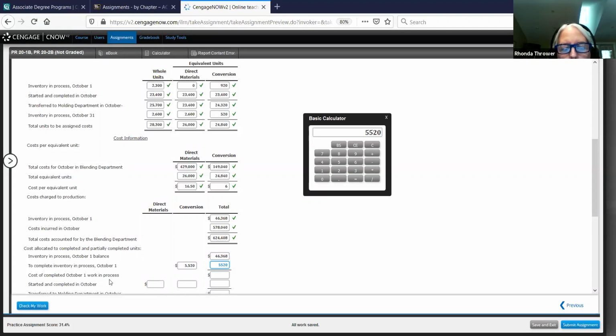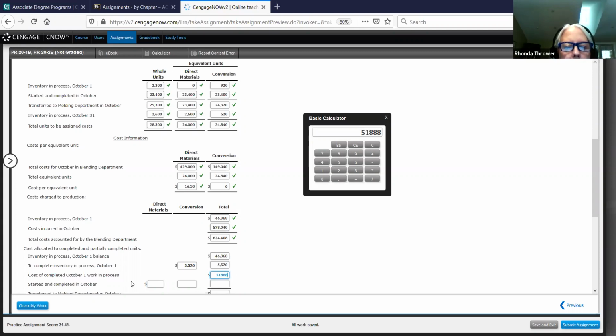So the total cost to complete the beginning inventory would be the total of these two added together. So 5,520 plus 46,368 will give you 51,888.